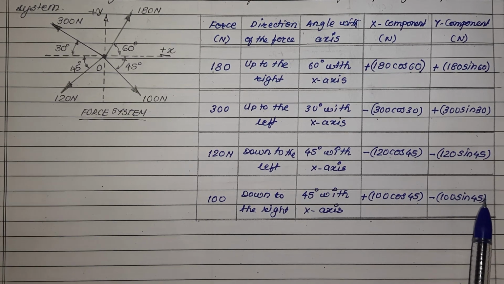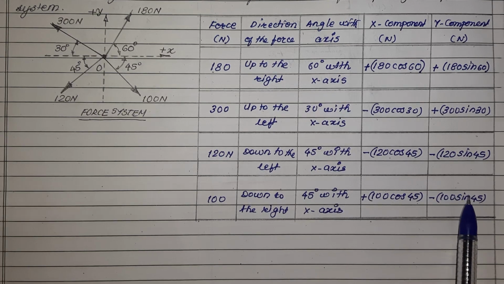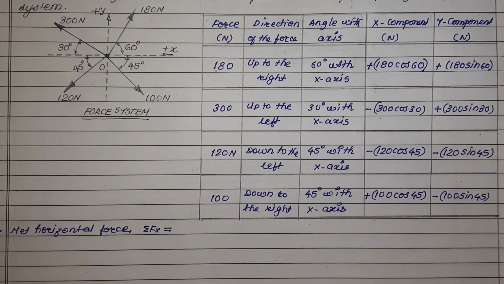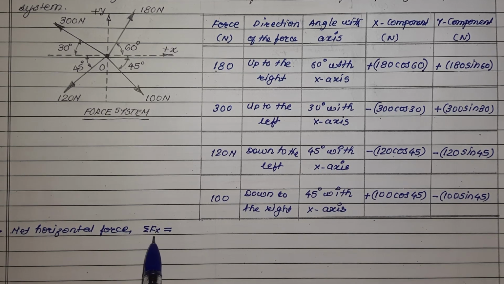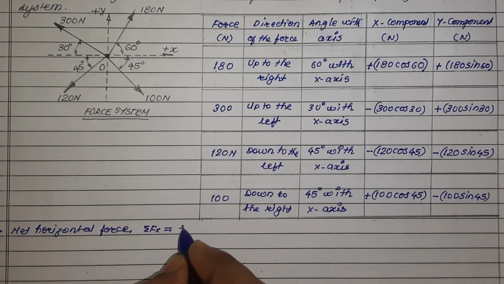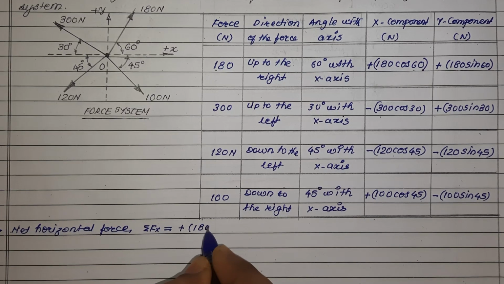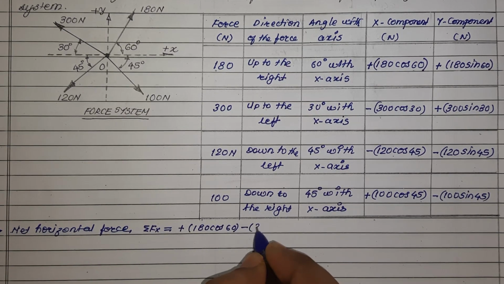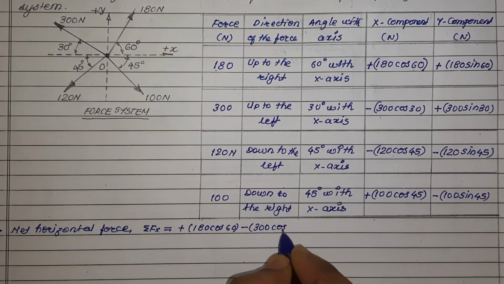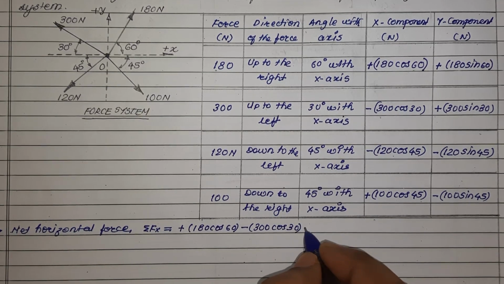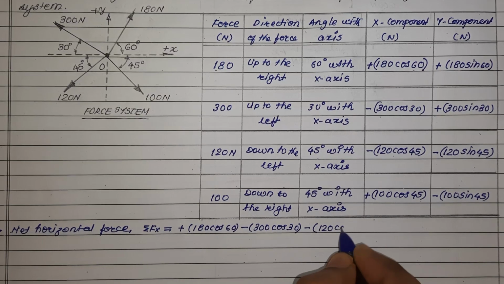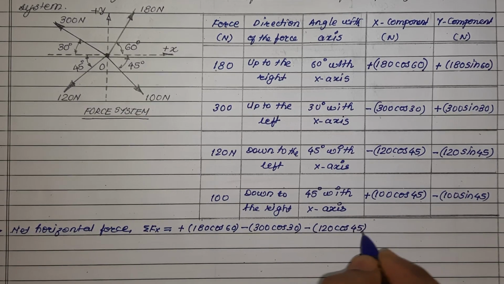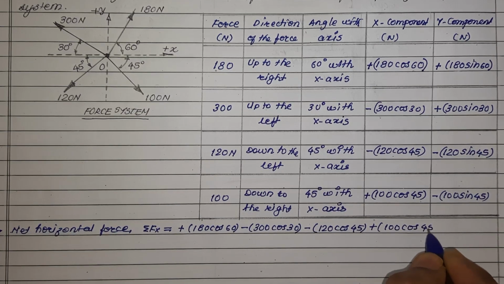Let us write down the equation for addition of forces. Thus, net horizontal force in this system is sigma Fx, which is equal to positive 180 cos 60, negative 300 cos 30, negative 120 cos 45 and positive 100 cos 45.